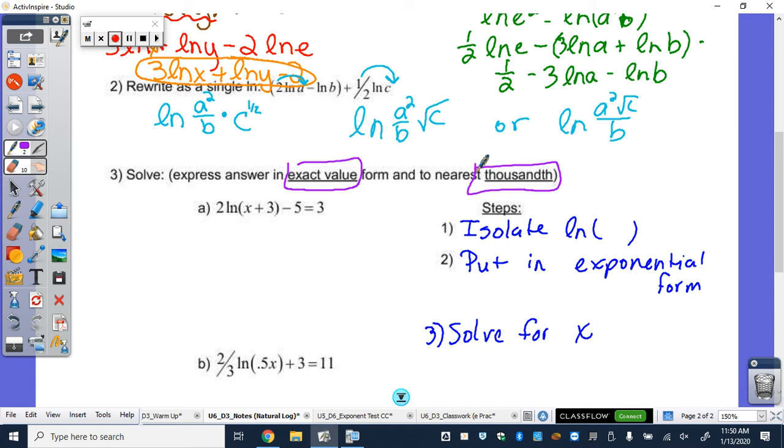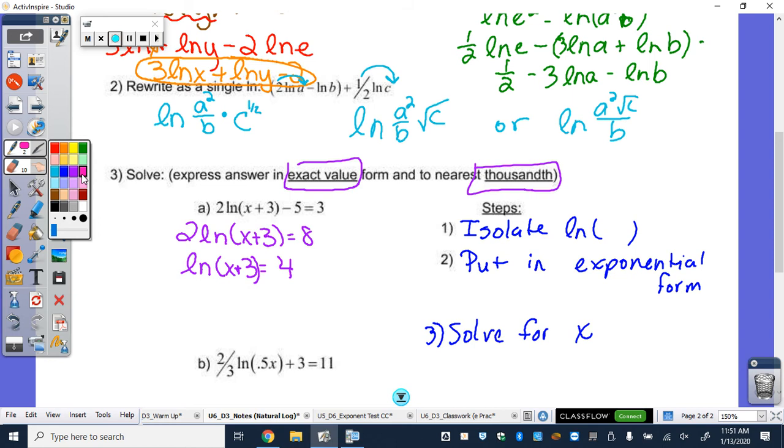So for letter A, first thing we would do, add our 5 over. Because again, we're trying to get that ln by itself. So adding the 5. And then we would want to divide by the 2. So doing that, now our ln is isolated.